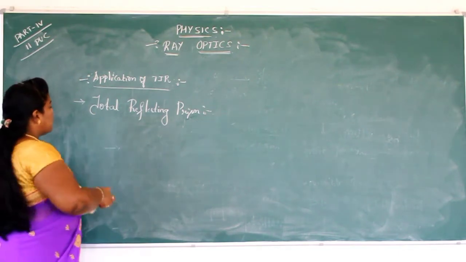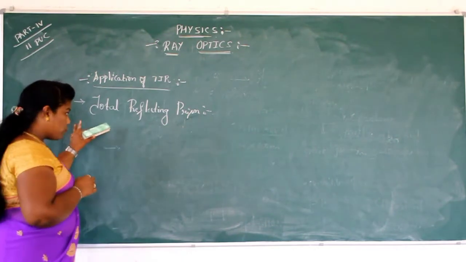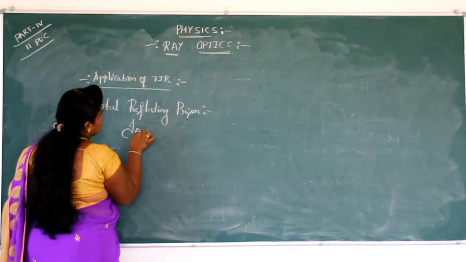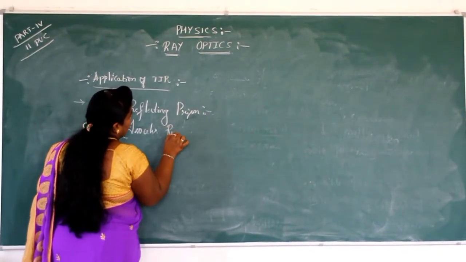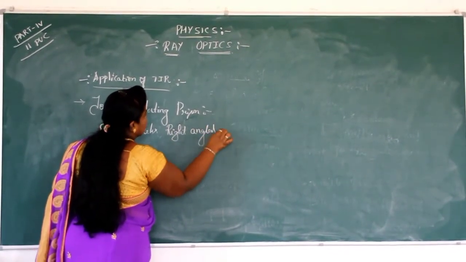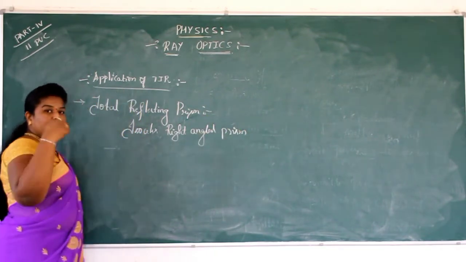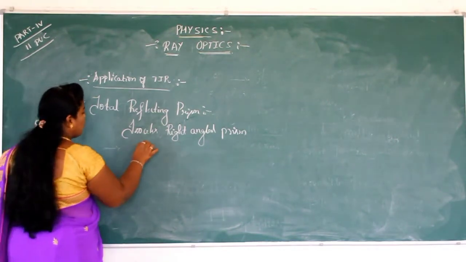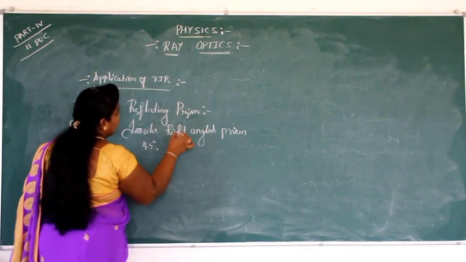Total reflecting prisms are said to be isosceles, right-angled prisms which reflect an incident beam of light by an angle of 45 degrees and even by an angle of 180 degrees.